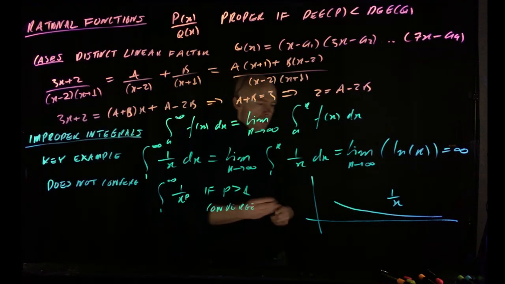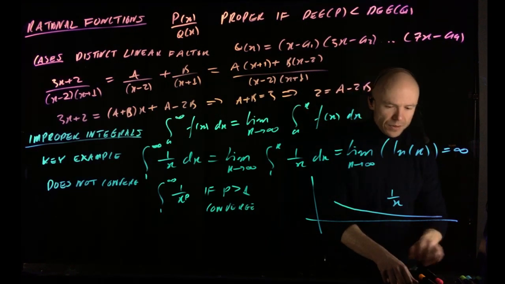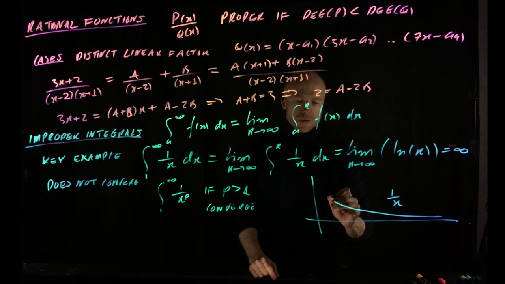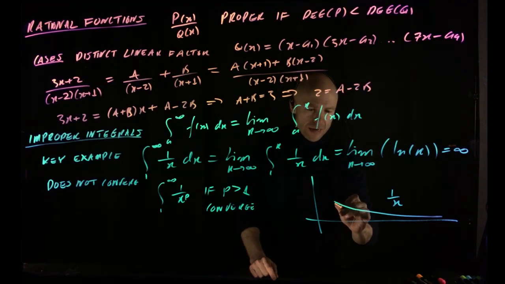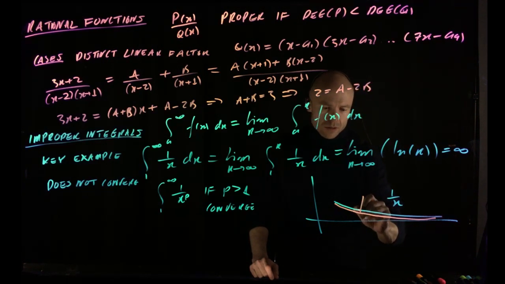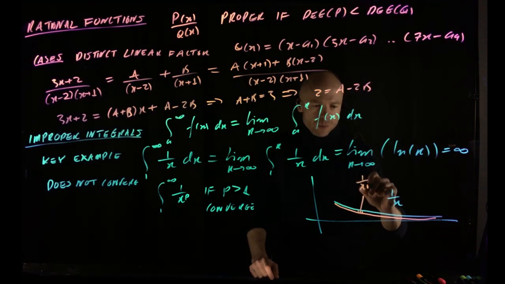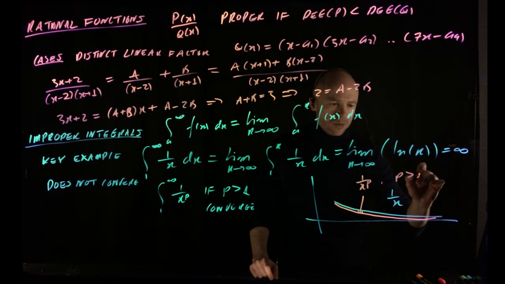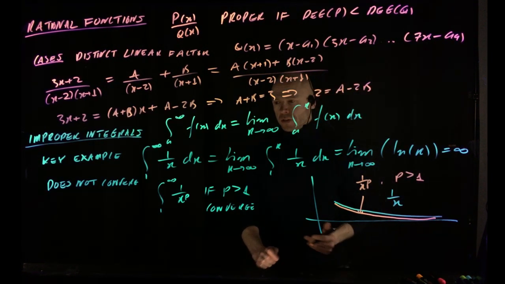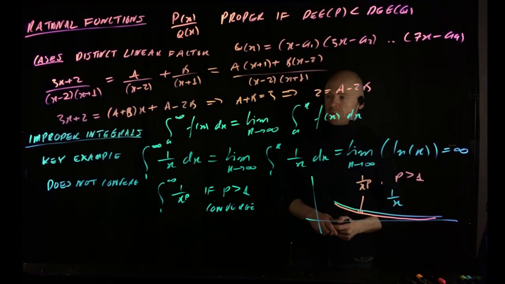It isn't surprising, because if p is bigger than 1, since x is bigger than 1 itself, then 1 over x to the p will lie underneath this guy, right? So it does have a chance to actually converge. If it was on top, then obviously it wouldn't. It would have more area, right?